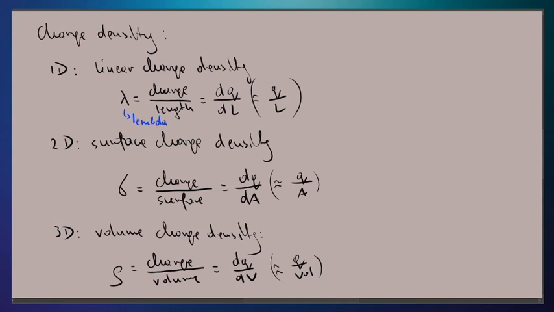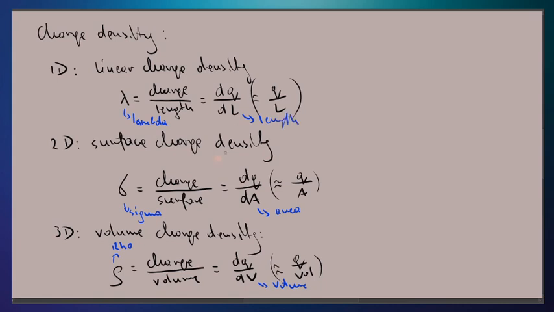I think it's LA, lambda, sigma, and rho. All right, so what else? A is the area, and V is volume, L is length.